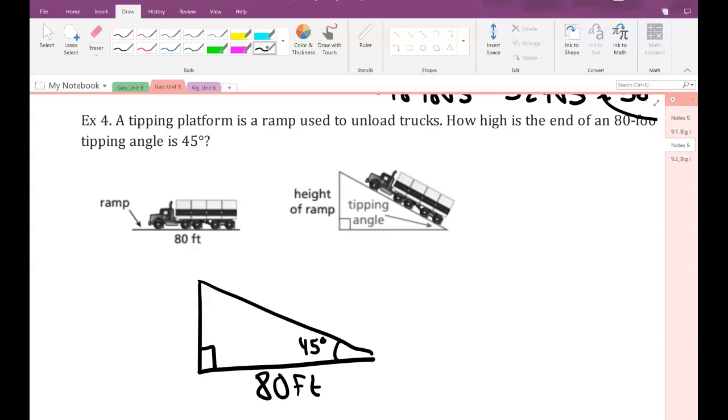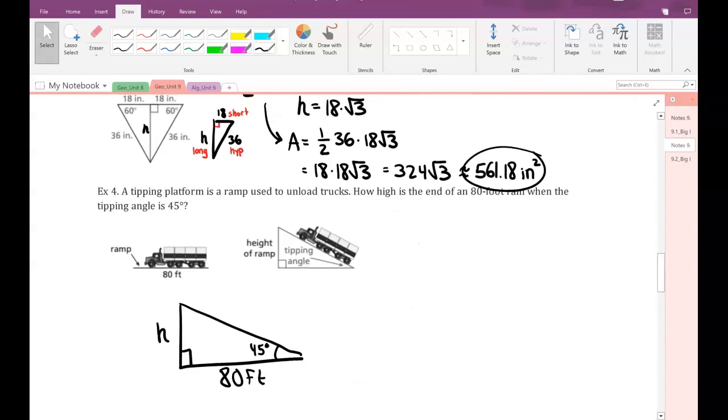What is the value of our height, h, when it's at 45? Well, using our 45-45-90 theorem, we know that our two legs have to be the same. If this is a 45-45-90, our h should be equal to 80 feet as well, from the first theorem that we talked about.